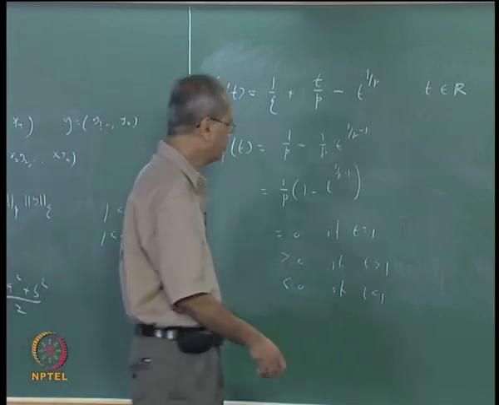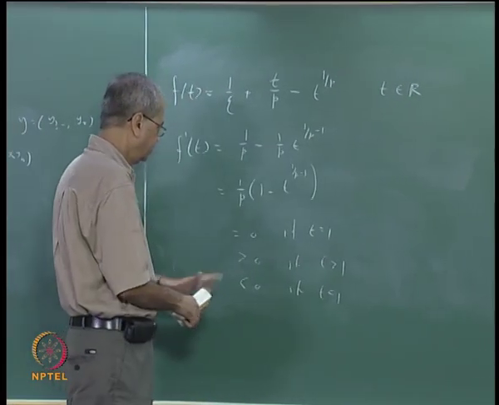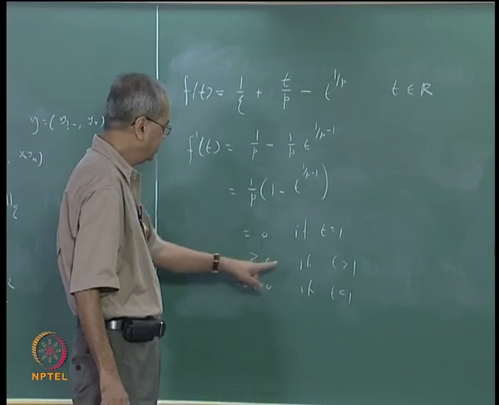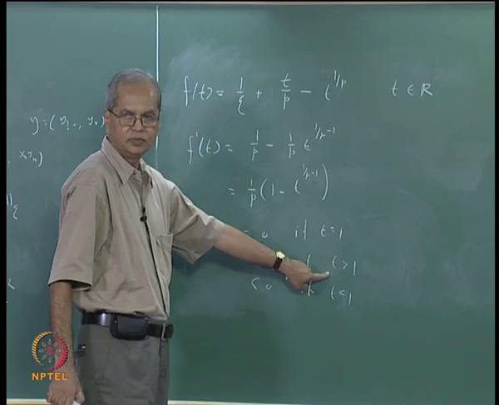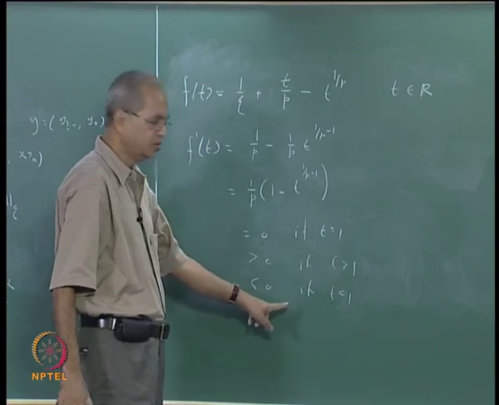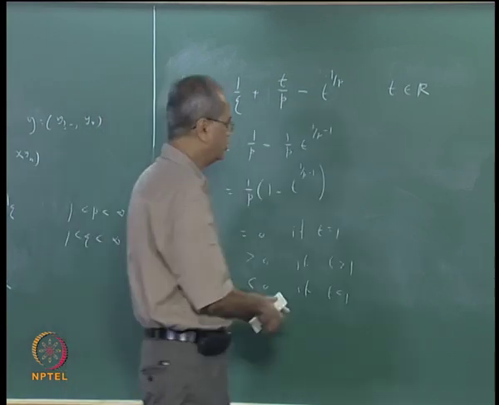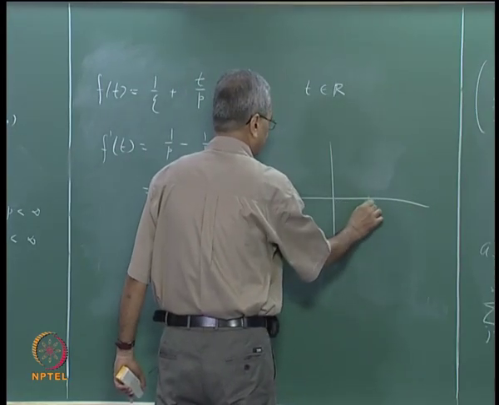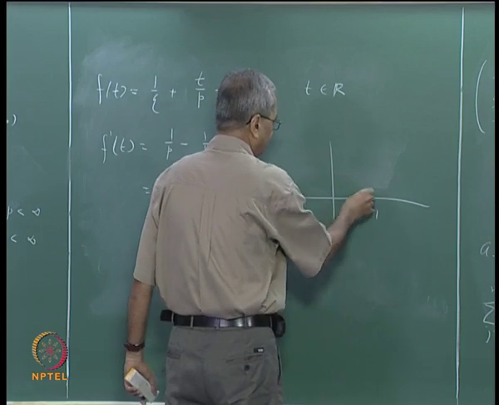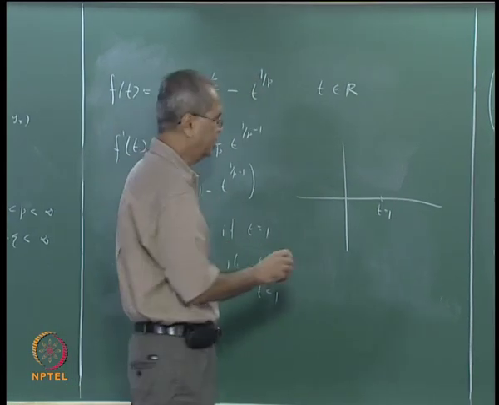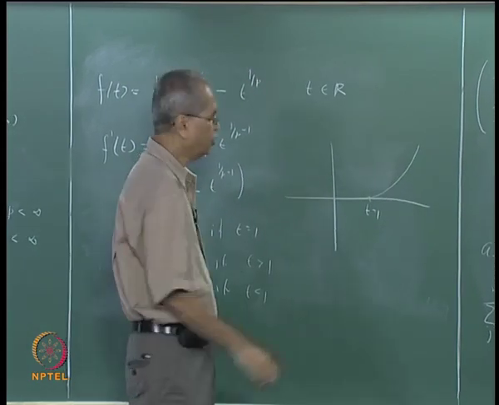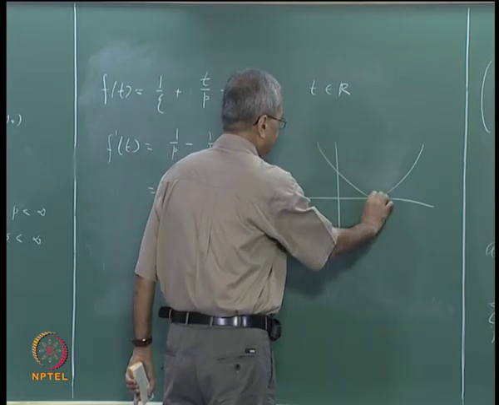So what follows from this is that the function is 0 at t equal to 1, and it is increasing for t bigger than 1 and decreasing for t less than 1. Suppose you were to draw a graph of the function, and suppose this is t equal to 1. At this point the function is 0, for t bigger than 1 it increases, and for t less than 1 it decreases.